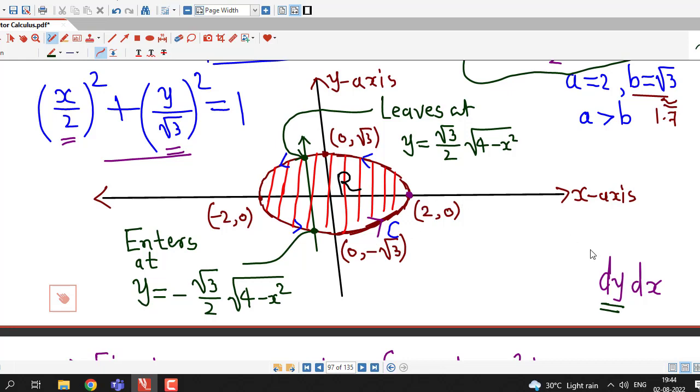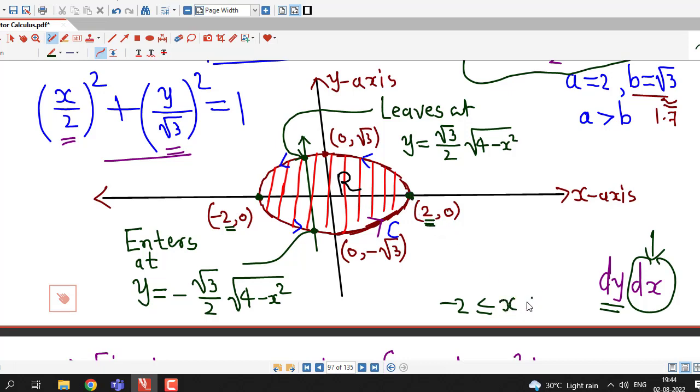Now to decide the limits of integration for x, we concentrate on the leftmost point of the region and rightmost point of the region. At the leftmost point, value of x is minus 2. So lower limit for integration with respect to x is minus 2, and the rightmost point has x equal to 2.